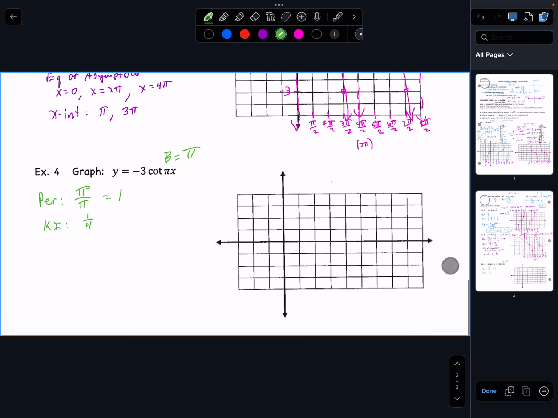And so on the graph, I would be going 1/4, 2/4, 3/4, and then 4/4, which is 1. And then the y-axis, since there's no shift right or left, is an asymptote. When you get to that fourth key increment, which is the length of the period, there will be another asymptote. Halfway in between them is your 0.